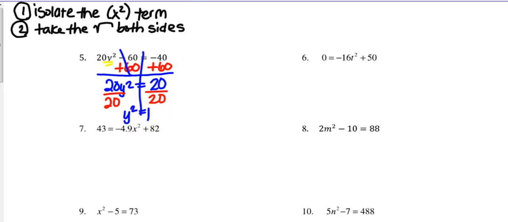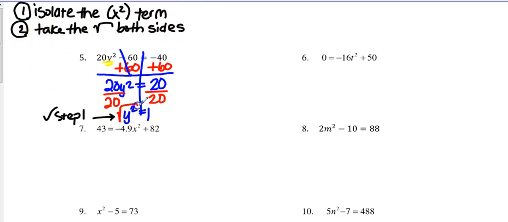So as of this step, I have successfully accomplished step 1 of isolating the squared term. So step 1, check.